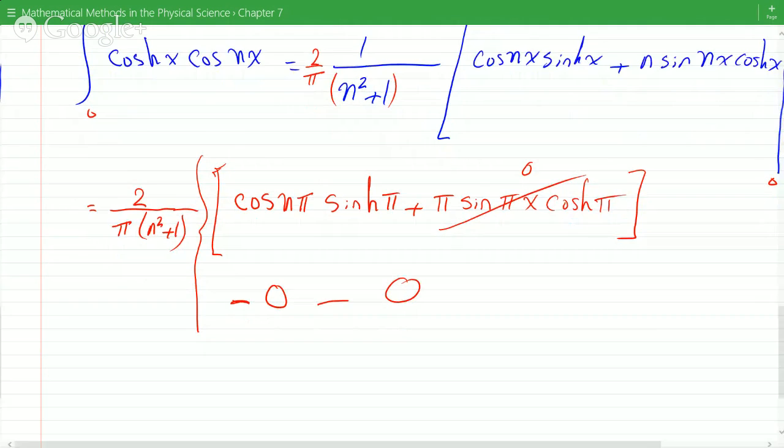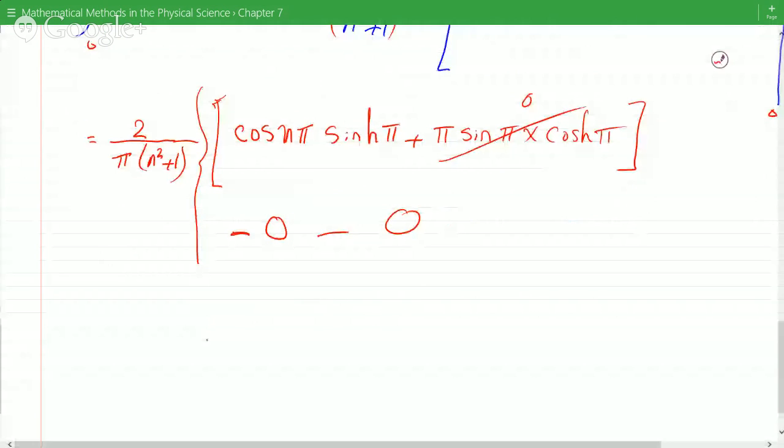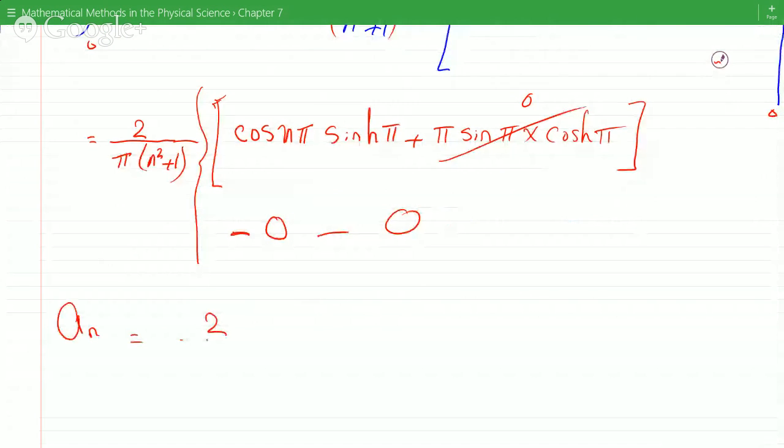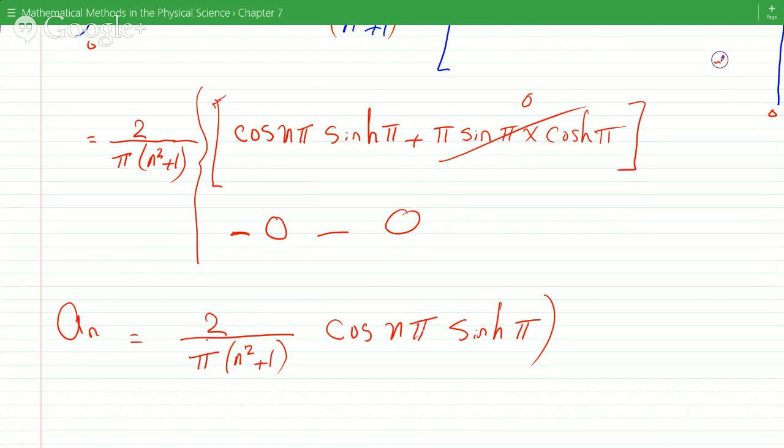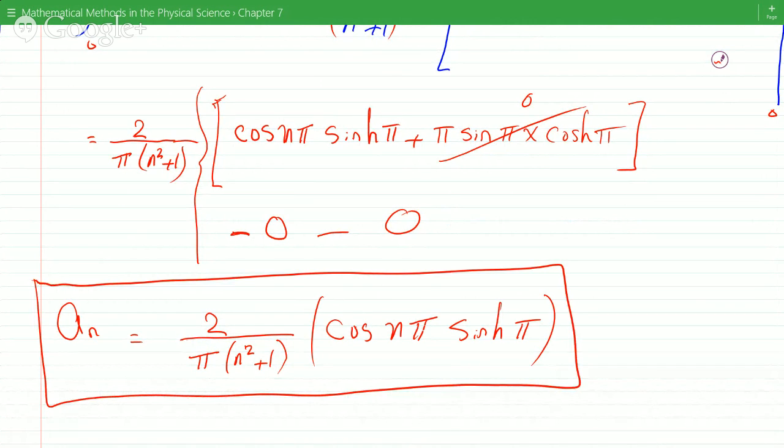So at the end of the day, we get a of n to be 2 over pi times n squared plus 1, times cosine n pi sine hyperbolic pi. Okay, so that's our coefficient right there.